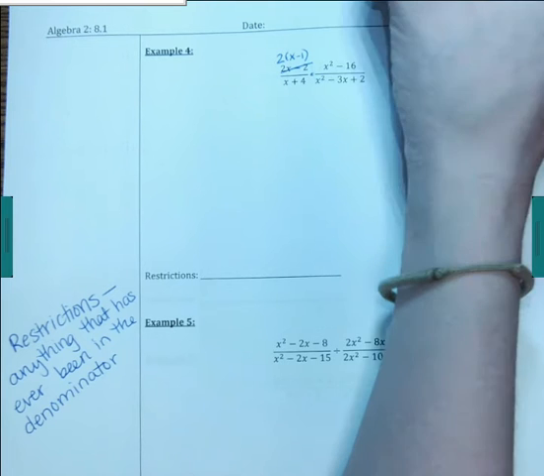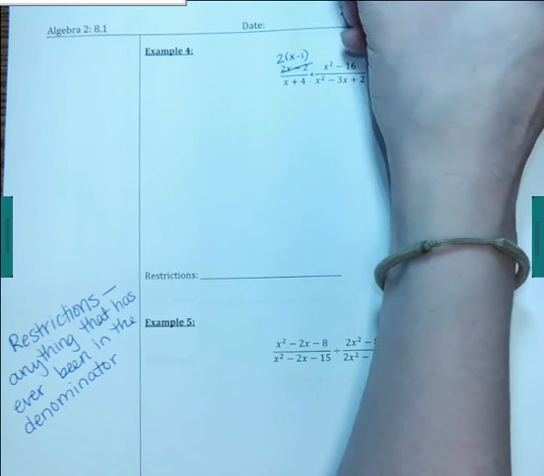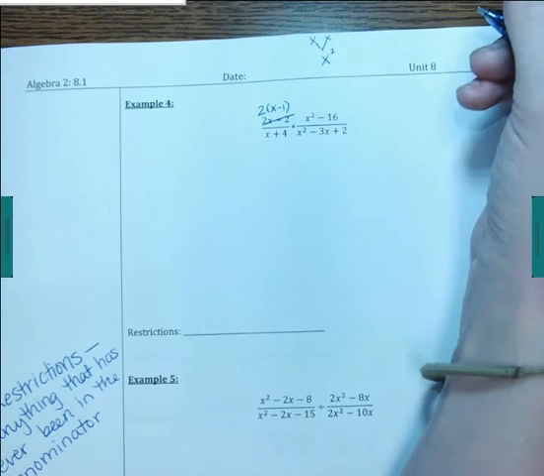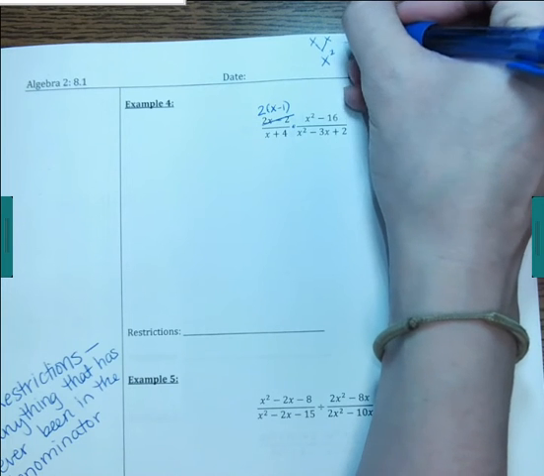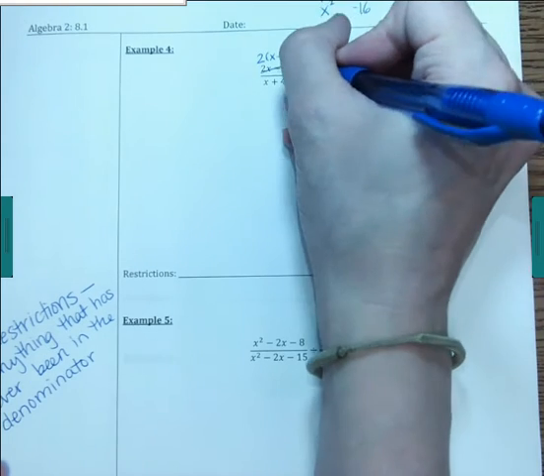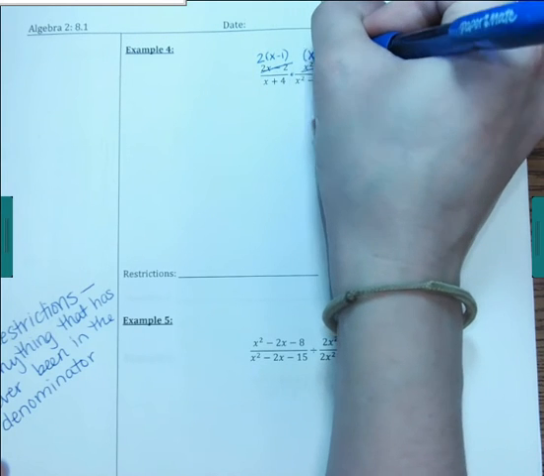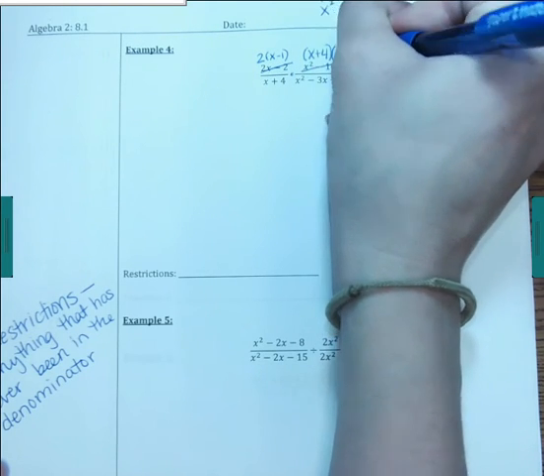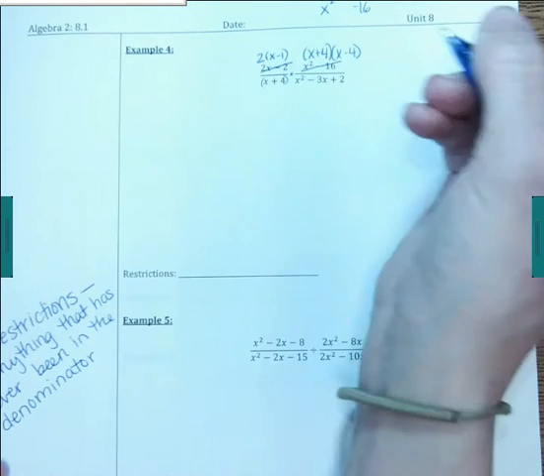I said I wouldn't do any factoring review, but I'll do a little bit. x times x, and -16 is -4 times 4. Whenever you have those, you can do x plus 4, x minus 4. Then here, this is just an x plus 4.